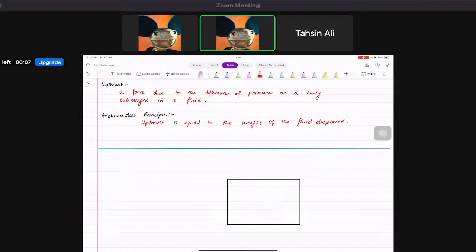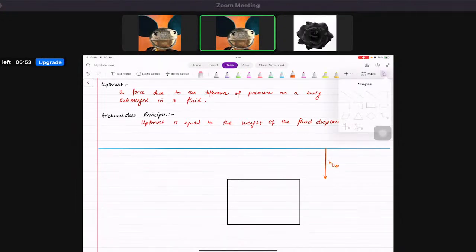So we can say that the height from the water surface to the top of this box, let's call this h top, and this height from the water surface to the bottom, let's call this h bottom. Is it clear?